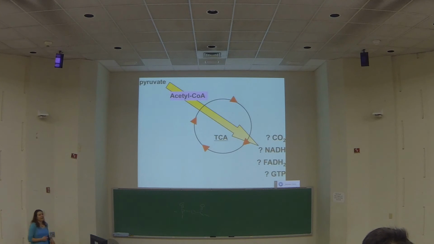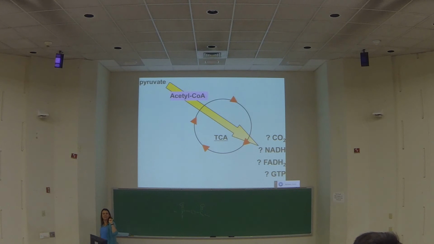All right, have you counted up? So for one molecule of pyruvate that goes into the TCA cycle, what is produced? How many CO2? 3. We're going from a 6-carbon to a 4-carbon.